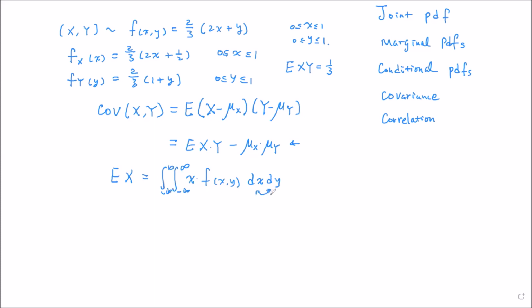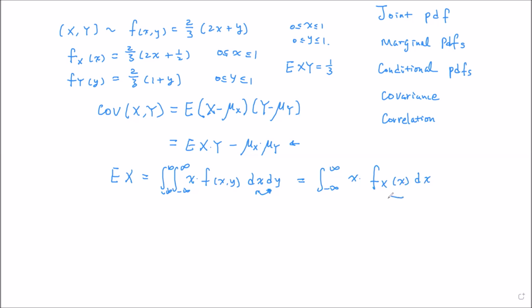When you integrate with respect to y, x is a constant, so you move it out. Then you have the integral of f(x,y) dy, and that is just the marginal density of, sorry, the marginal density of X. So it is really just the integral of x times the marginal density of X. That is consistent with the univariate situation, right?